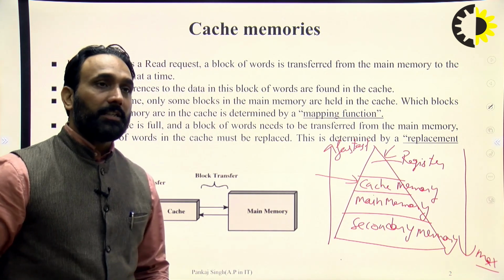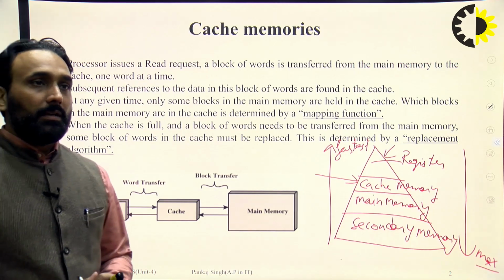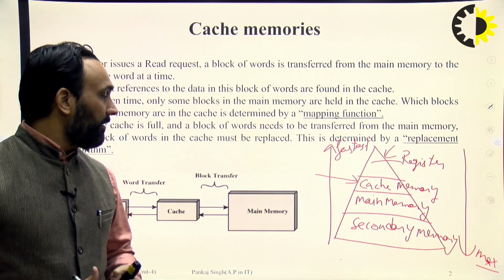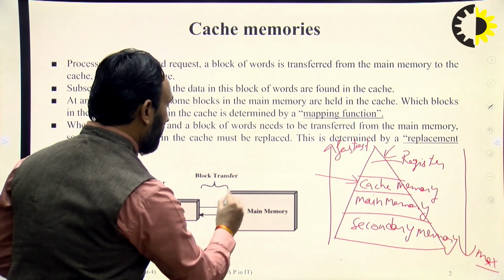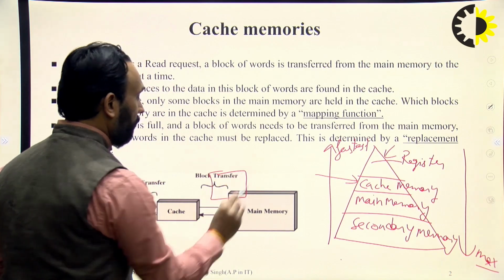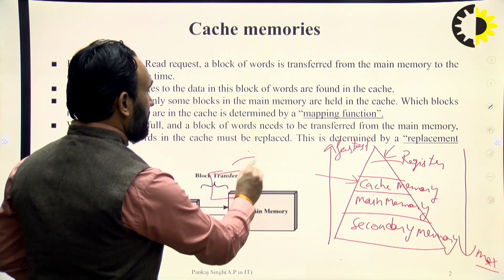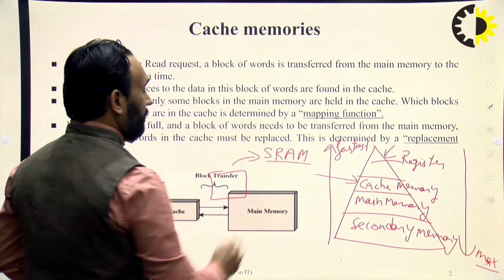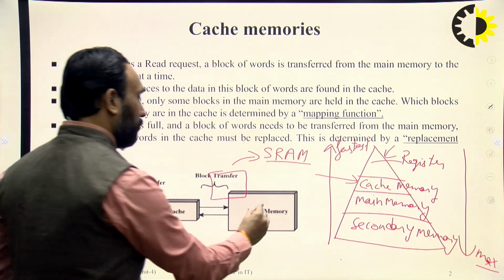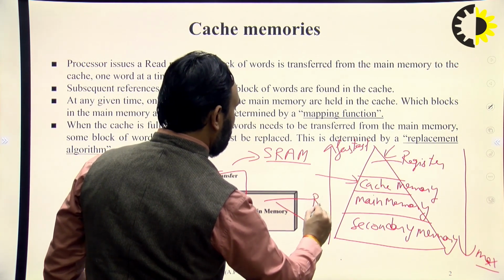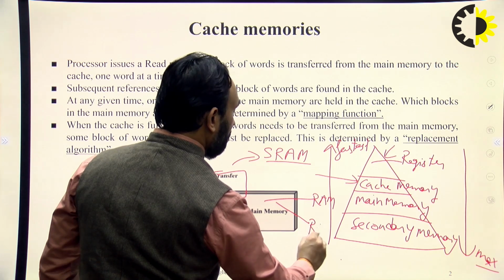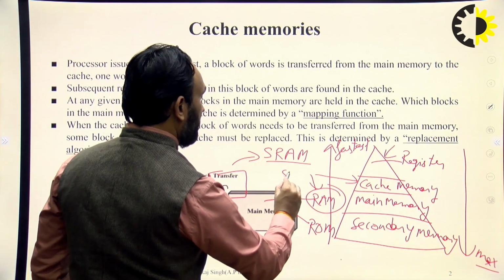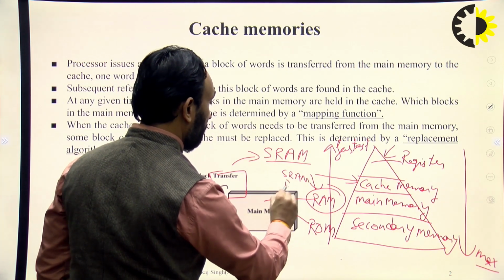So what is cache memory? Generally, cache memory is a part of main memory. What does it mean here? It is a special part of main memory, constructed using SRAM. Generally, main memory is divided into two parts, RAM and ROM, and RAM is designed with the help of SRAM and DRAM, right?